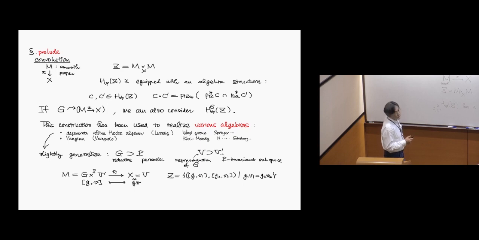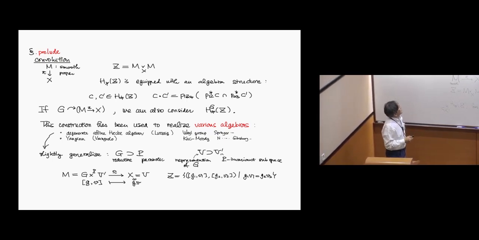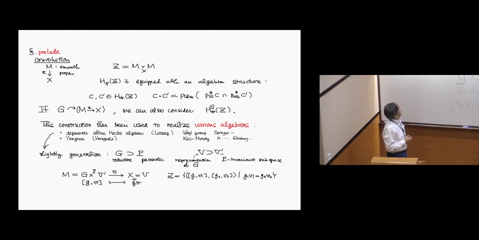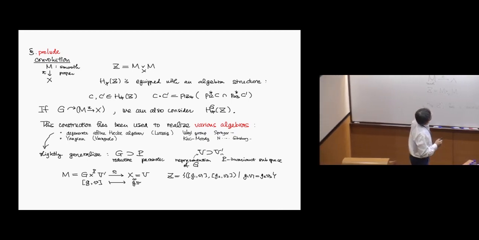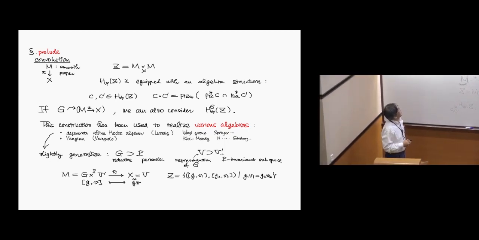So we will use this construction for particular G and Z. With an appropriate choice of M and X and G, people consider this convolution algebra, and this construction has been used to realize various algebras. So I just write several famous examples. For example, by Joyce, the degenerate affine Hecke algebra was realized. And by Varagnolo, the Yangian was realized by using quiver varieties.